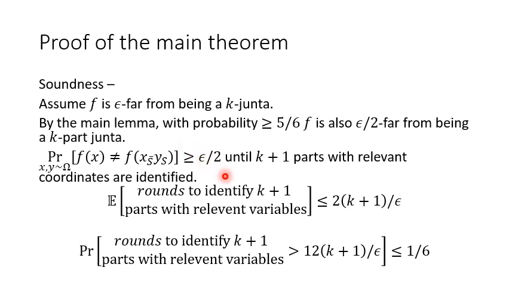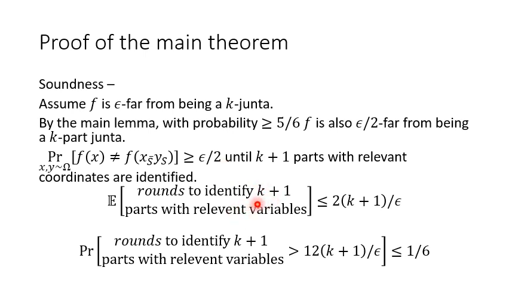And if we want to identify k plus 1 parts with relevant variables, then the expectation is that it will happen after 2 multiplied by (k plus 1)/epsilon rounds, because we can just find the first part and then find the second part, and for each part on its own, the expectation will be 2/epsilon, because this is a geometric random variable.